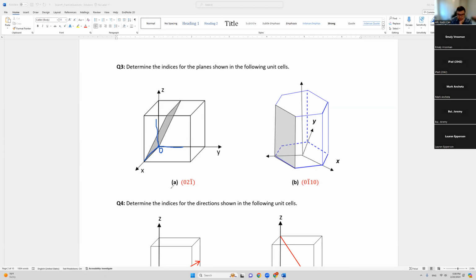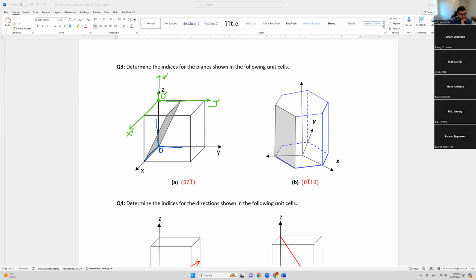The choice of the origin is up to you, but when you choose a new origin, make sure that you choose a location such that indexing of the plane will be easy. What do I mean by that? For instance, if you carry the origin to this point, and I call this O prime, and let this be my new axis, X prime, Y prime, and Z prime.